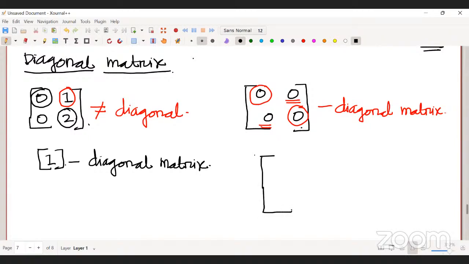The second one is a diagonal matrix, but the remaining two zeros with two lines underneath, are they also diagonal entries? In matrix concept, it is the entry with i equal to j that is called the diagonal entry.